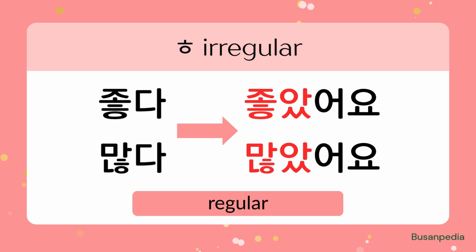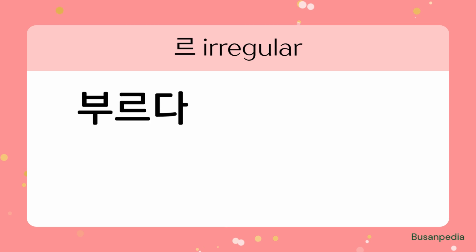Now, not every verb with a ㅎ does this. For example, 좋다 and 많다 are regular. They keep their ㅎ, so you just say 좋았어요 and 많았어요. No disappearing acts here. Finally, let's look at the 르 irregular.